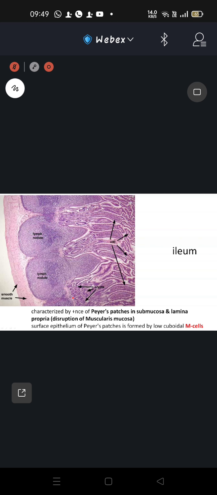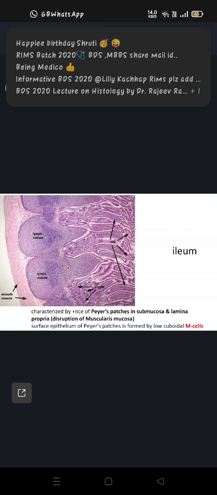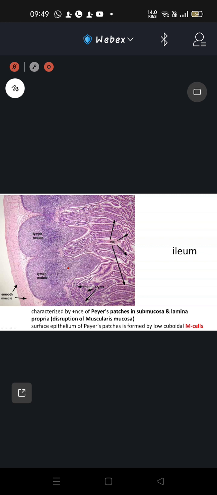So the interface which is formed by the muscularis mucosae is interrupted. That's why there is a disruption of the muscularis mucosa, only because these Peyer's patches are in the submucosa as well as in the lamina propria. So the muscularis mucosa, which lies at the interface, is interrupted.